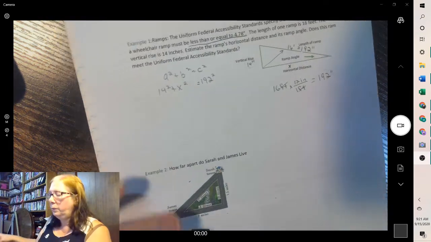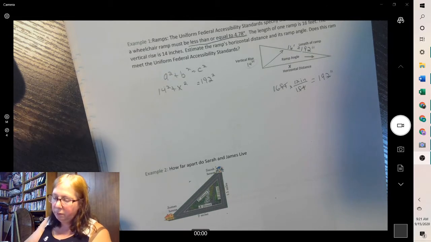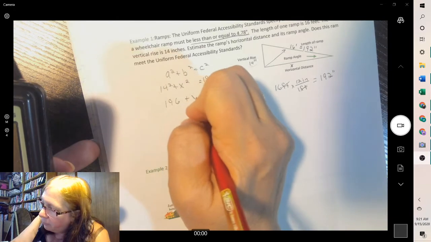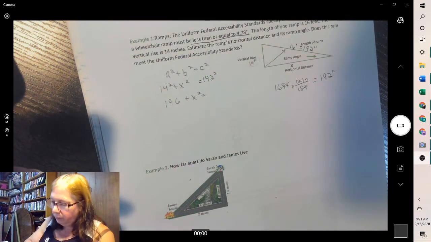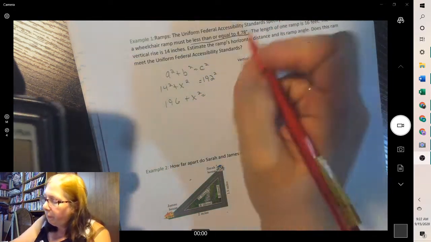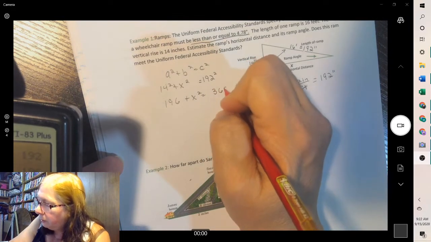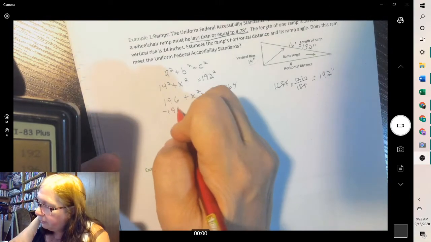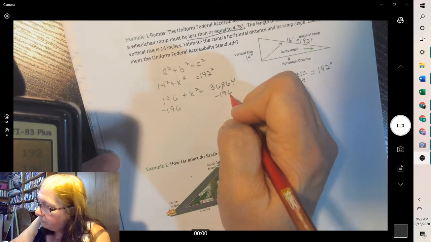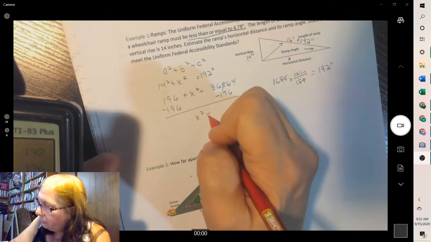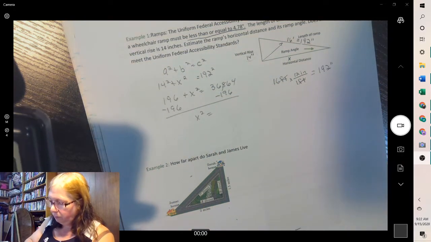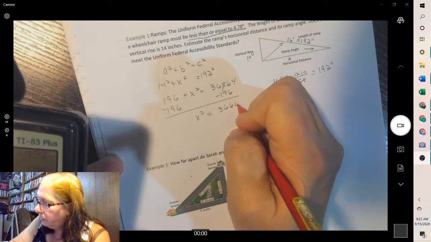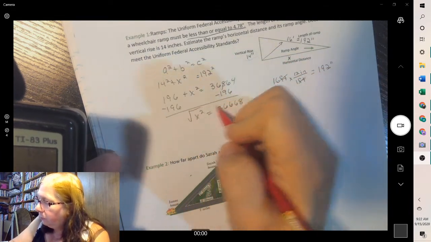Solving it then, 14 squared is 196 plus x squared equals 192 squared, which is 36864. Subtract the 196. X squared equals 36668. Take the square root of both sides.